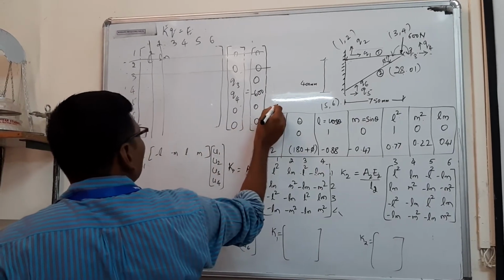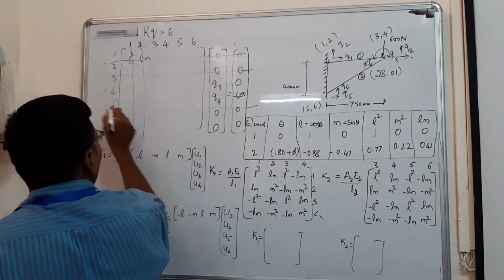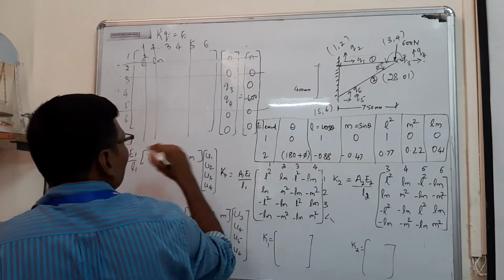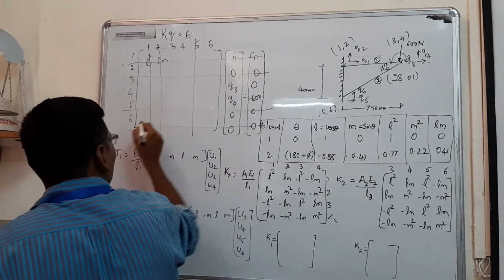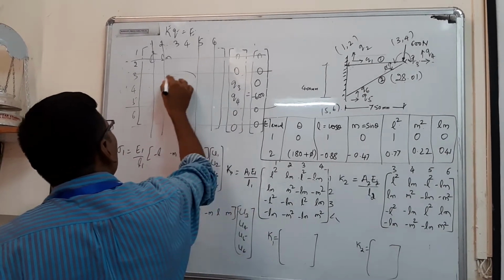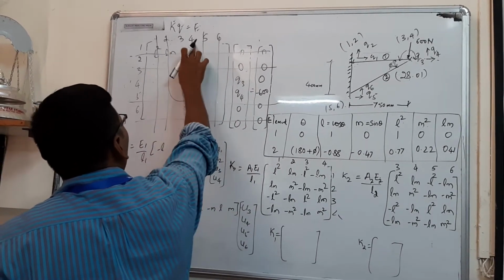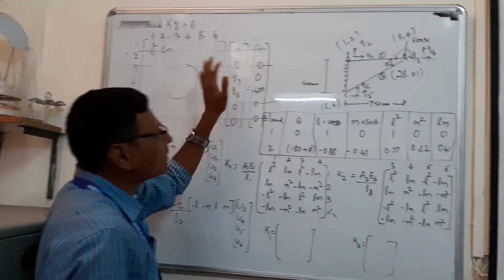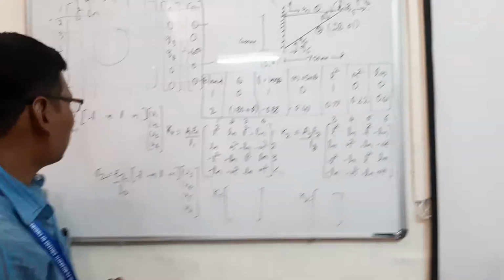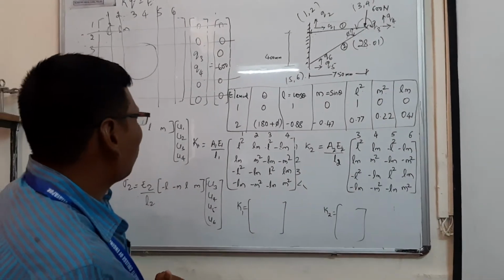Similarly, the fifth row is 0, thus the fifth column is also going to become 0. The sixth row is 0, the sixth column is also going to become 0. It has been left with only the 3 and 4 equations, because the deformation is going to occur only at 3 and 4.